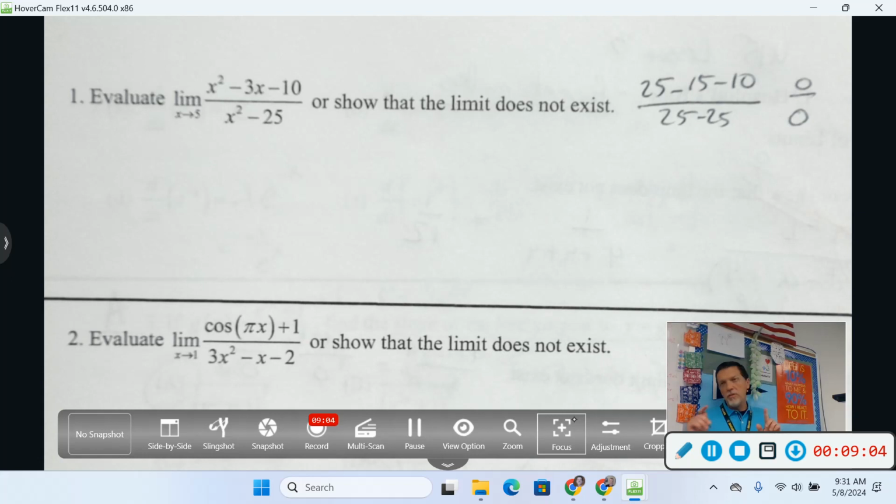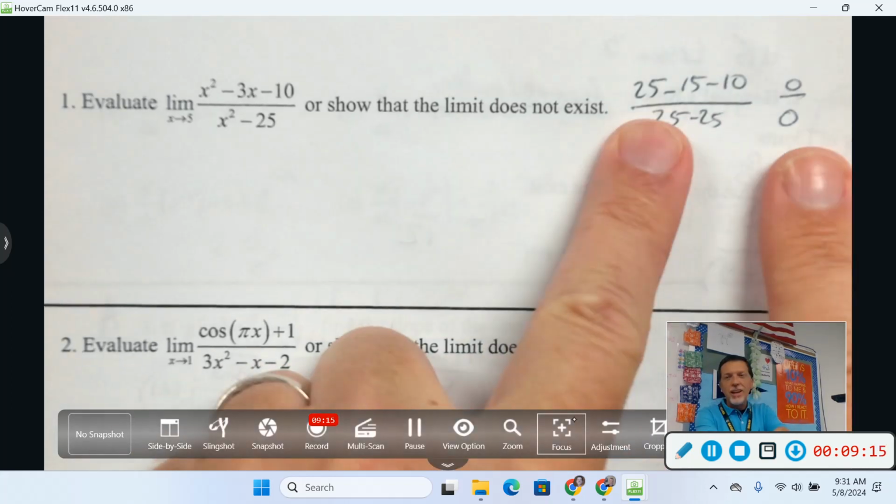Okay, here comes the format issue. In order to use L'Hopital, you have to state that the top limit is 0 and the bottom limit is 0. Like this little shorthand is not enough.